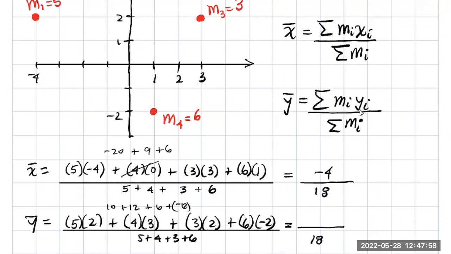So it looks like that's going to reduce to 16 over 18. And so our center of mass, our balancing point, is given by this ordered pair. Okay, so for the two-dimensional setting.